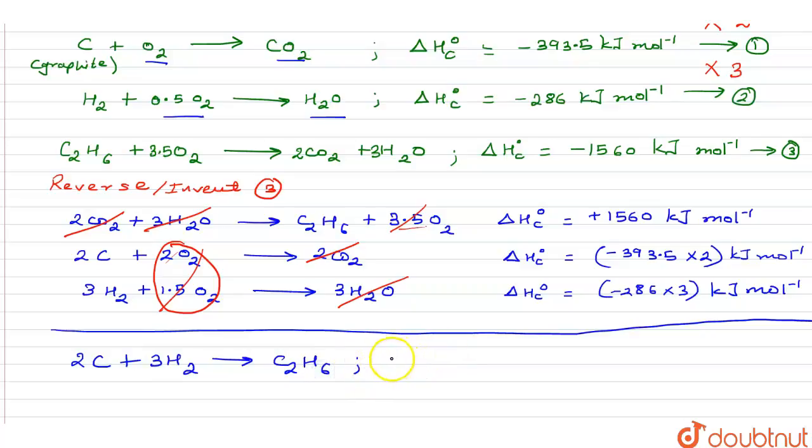Now let us see the value. So we have plus 1560, minus, let me put it in brackets properly. This became a little messy.